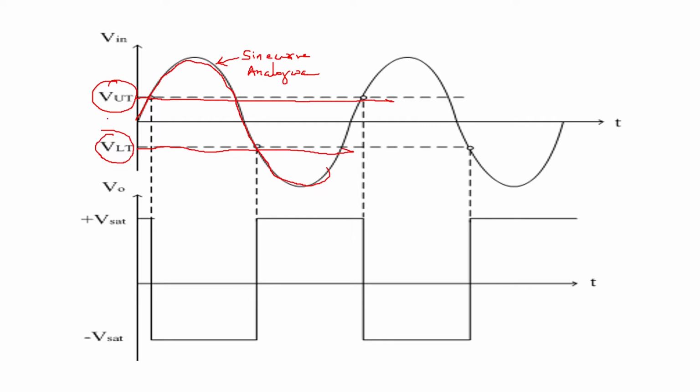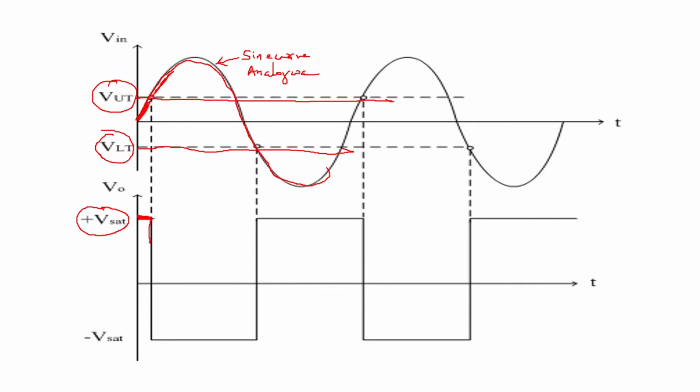Here, whenever the analog wave is less than the upper threshold voltage, the output is positive. It is plus Vsat, one value only, constant, not varying.